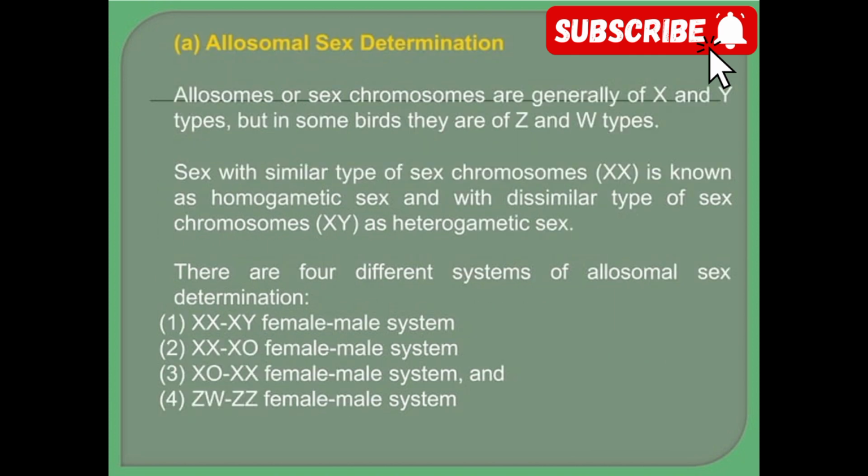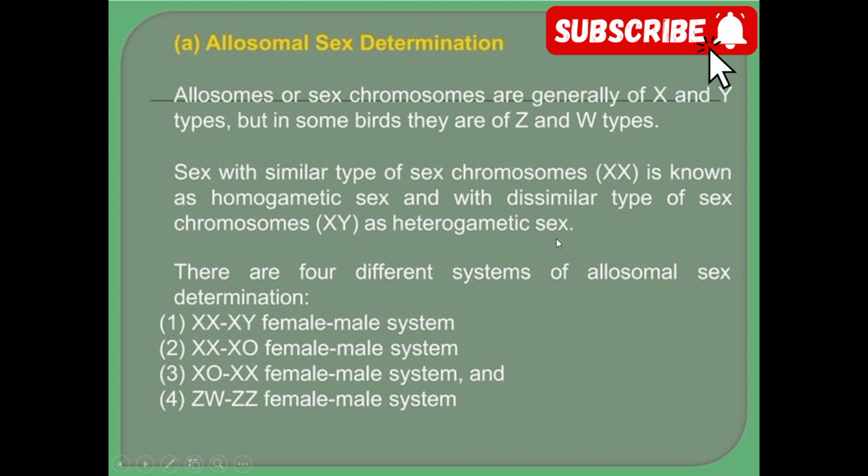Allosomal sex determination, or sex determination on the basis of sex chromosomes. Sex chromosomes of X and Y types are present in most organisms, but in some birds they are of Z and W types. The sex with similar sex chromosomes, double X, is known as the homogametic sex, and the sex with dissimilar sex chromosomes, X and Y, is known as the heterogametic sex.